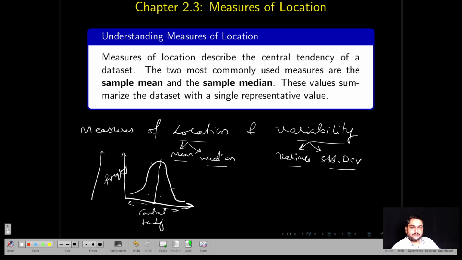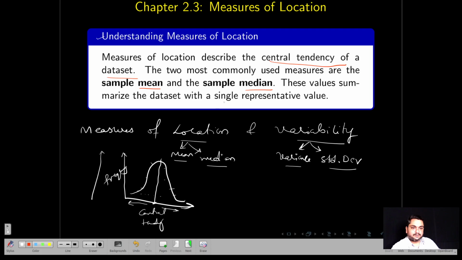Let's start with the measures of location. Measures of location describe the central tendency of a data set. The two most commonly used measures are sample mean and sample median.